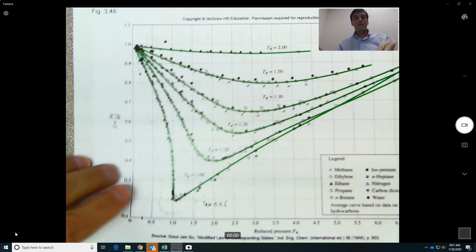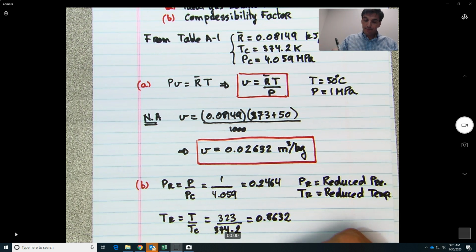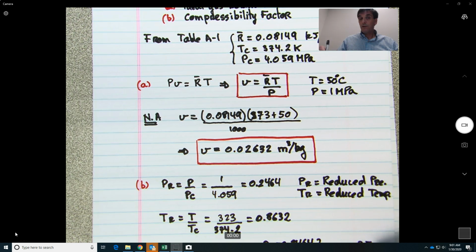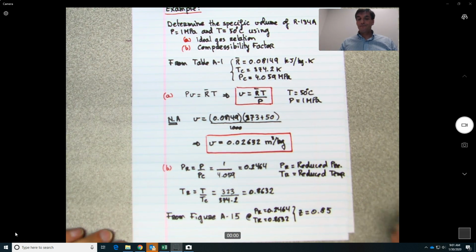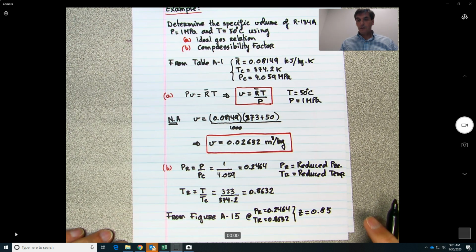My guess was that, from the figure at PR equals 0.2464 and TR equals 0.8632, I get that Z is approximately equal to 0.85.